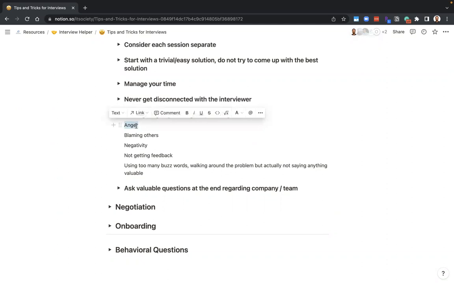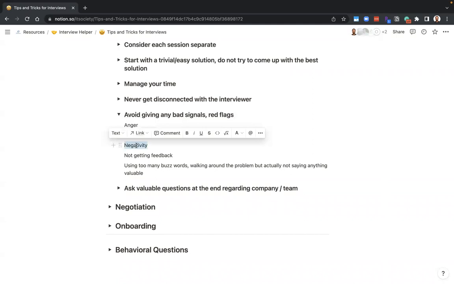Anger, this is a red flag, I would say unnecessary or rapid anger. If you blame others, your teammates, about your past experience, if you are talking about your failure and you don't own your failure and blame others, this is a really very bad red flag.